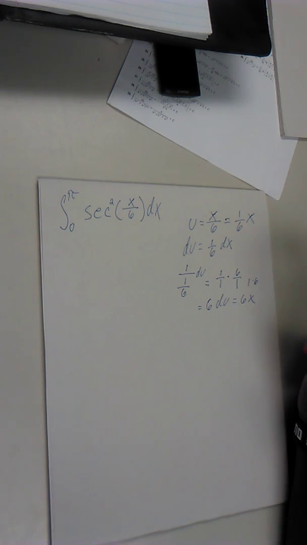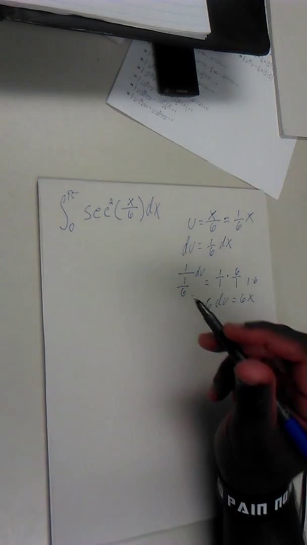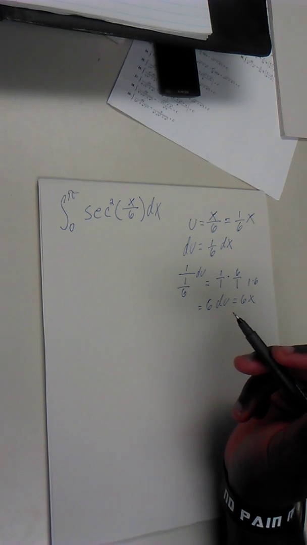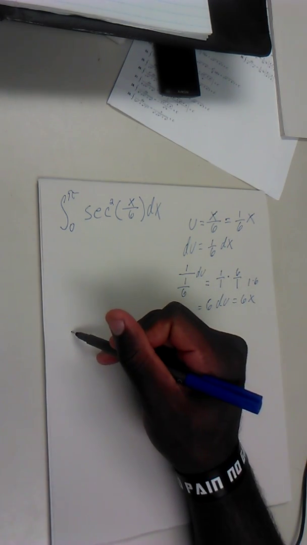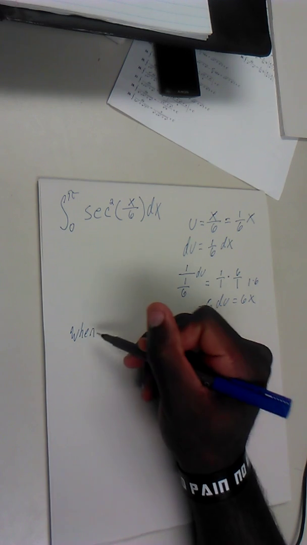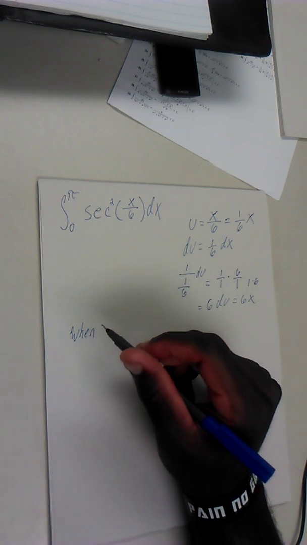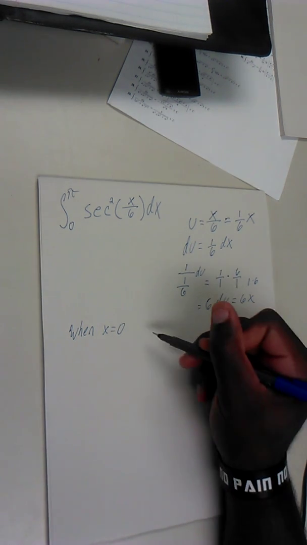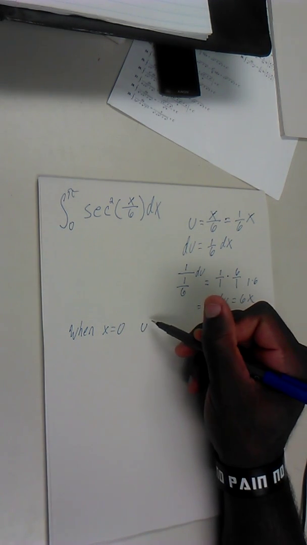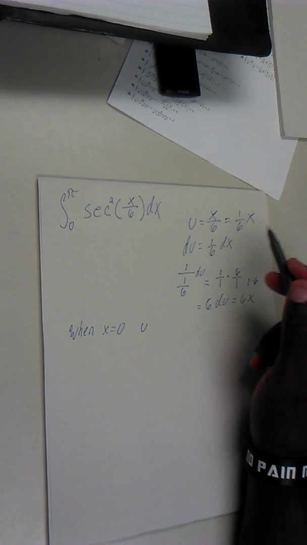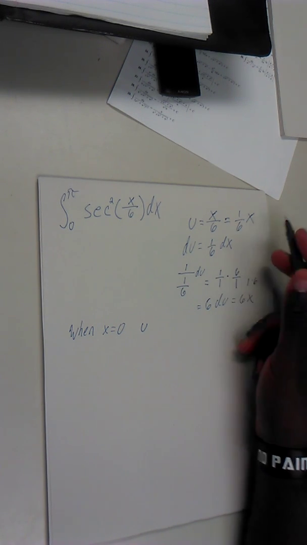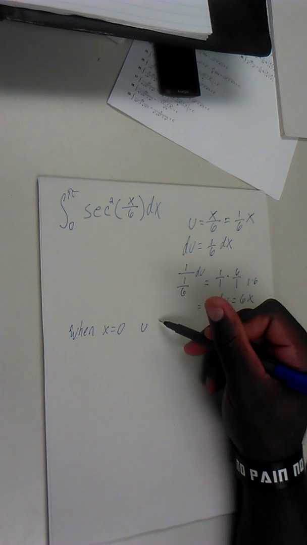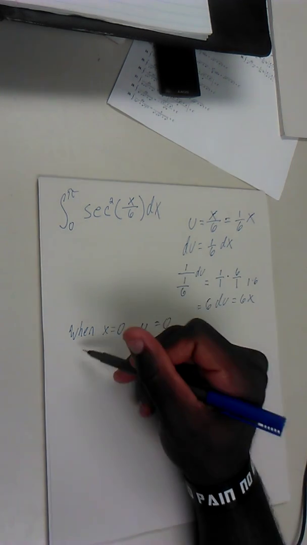So now we have x over 6 in terms of u. We have to bring our limits in terms of u. So the lower limit of 0: when x is equal to 0, plug in 0 here, 1 over 6 times 0 is 0, so u is equal to 0.